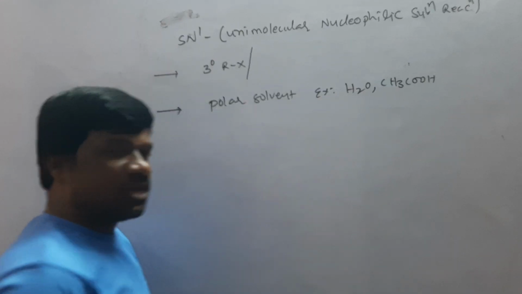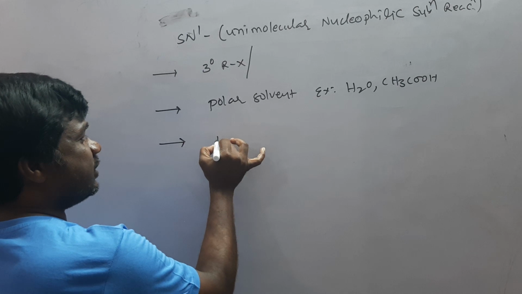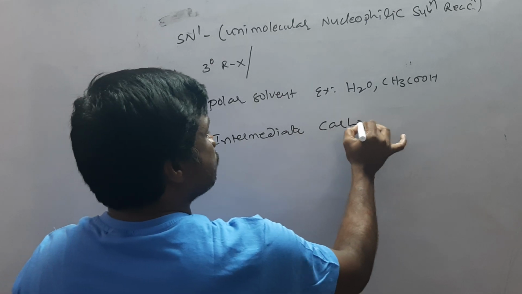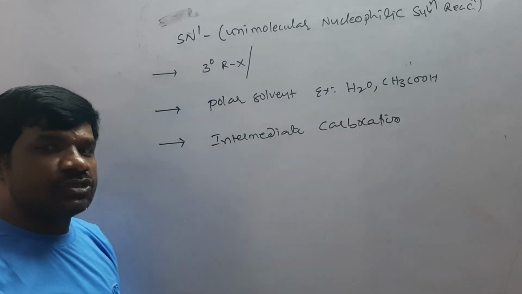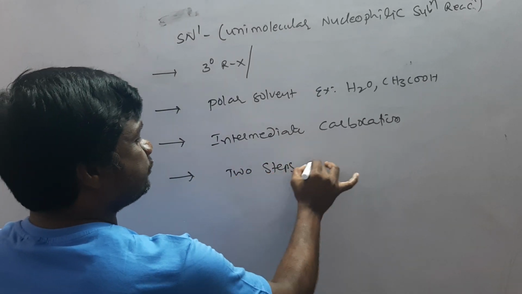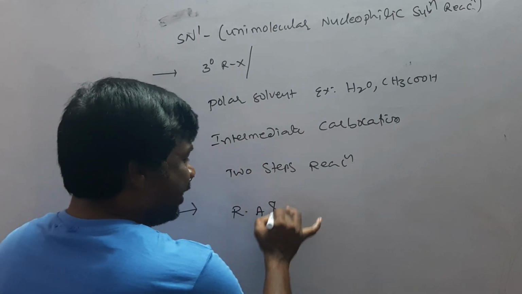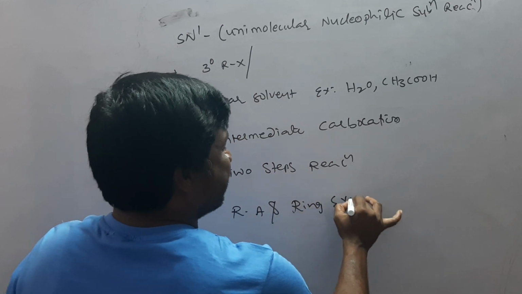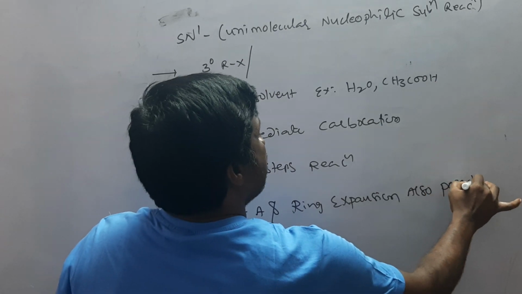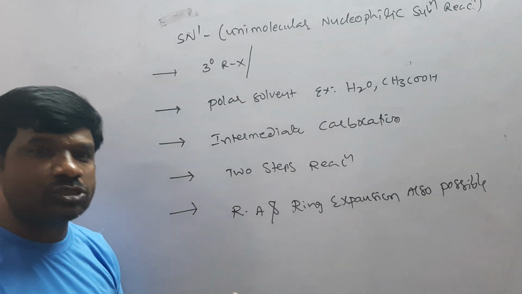Another point: the intermediate is a carbocation, so it is a two-step reaction. Also, with a carbocation as intermediate, rearrangement and ring expansion are possible.